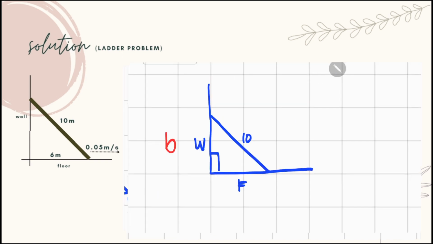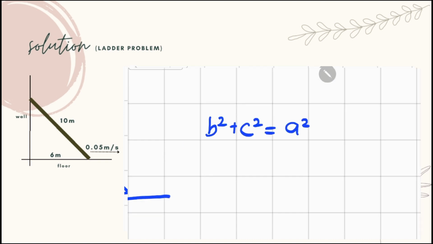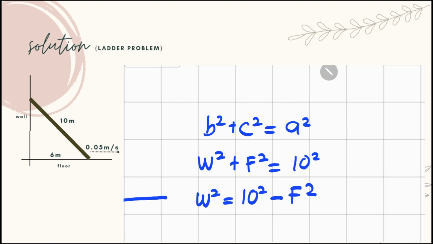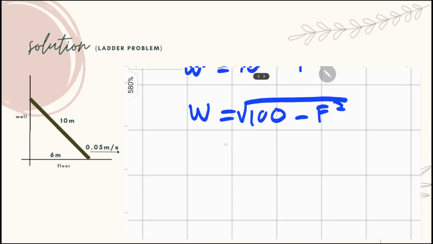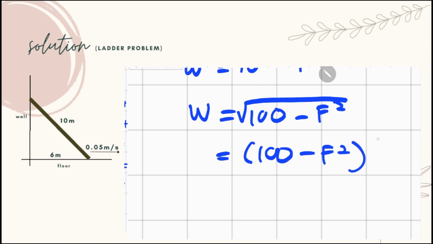You can say that b is w and c is f, and a is the ladder size. So we fill in all the information that we get from the question, which is w square equals 10 square minus f square. So the final answer is w equals square root of 100 minus f square, or we can say that 100 minus f square to the power of 1 over 2.